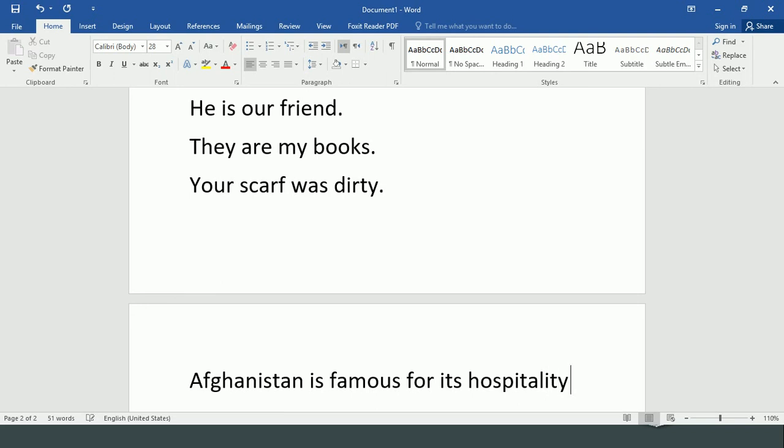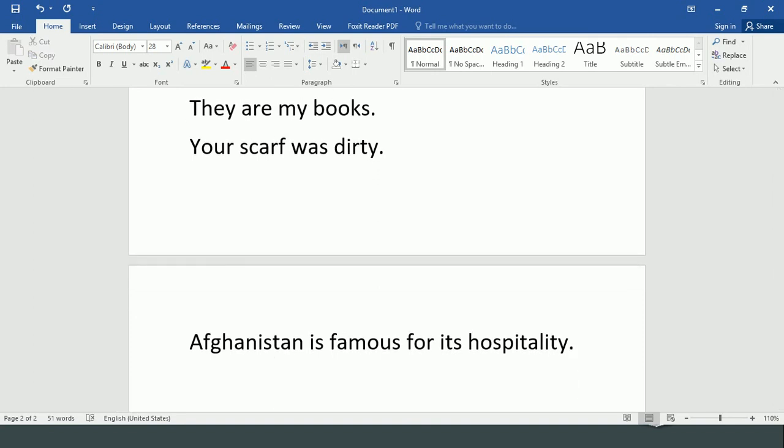A very common example. So see, it's used before what? Before a noun. So possessive adjectives are always used before a noun in order to show position or ownership. I hope you understood, dear students.